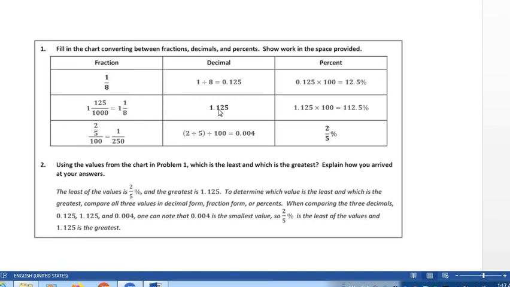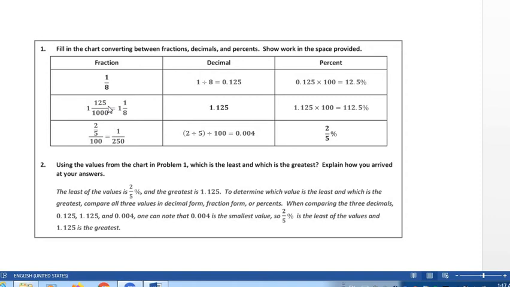This is tenth, and hundredth, and here thousandth. So 125 over 1000. So I will write here the 1 as a whole number, and here 125 over 1000.